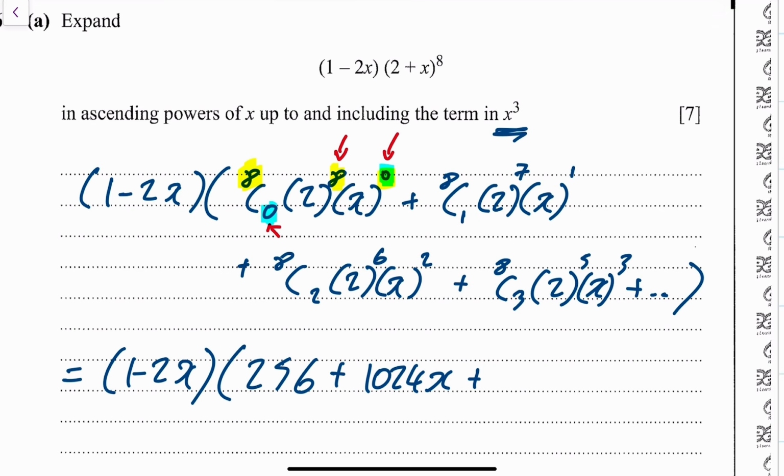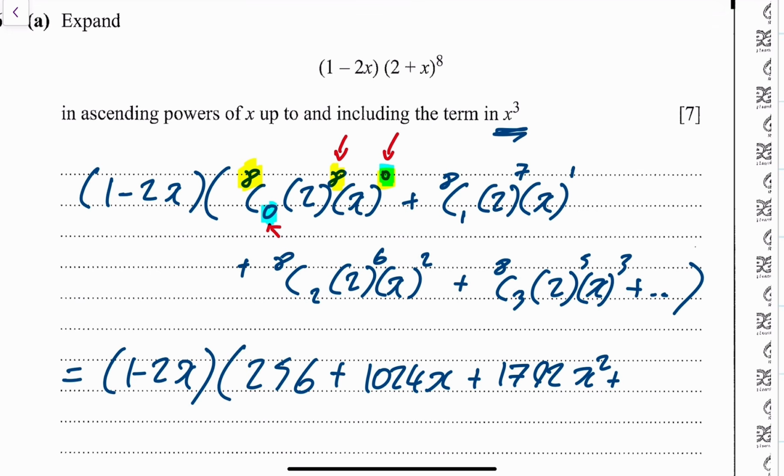The next one I can read, so hopefully it's right. It is 1792x squared. And the last one, which I'm just going to check here, 8c3 times 2 to the power of 5.